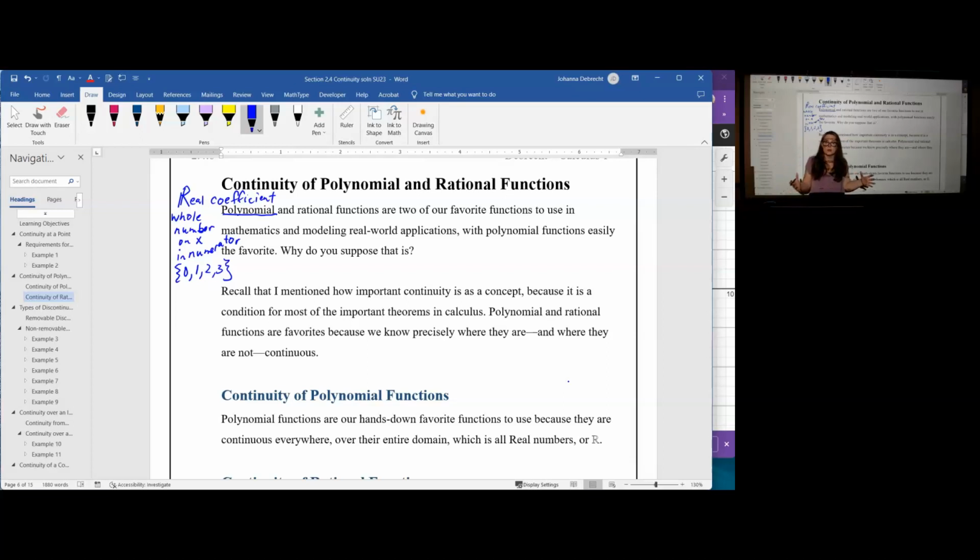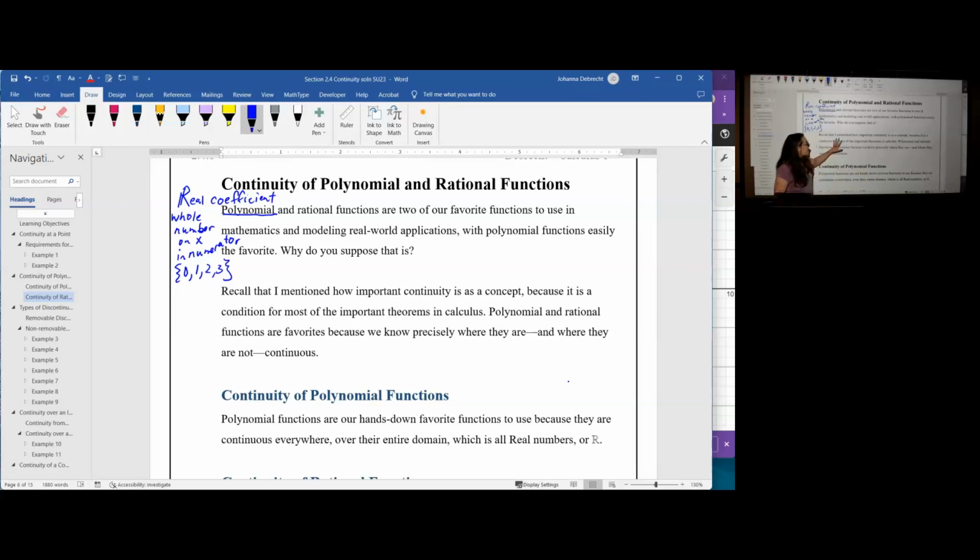Their domain is all real numbers, and you can draw them without picking up your pencil over the entire graph. They're our favorite for that reason. And as we're going to learn later on, they're also differentiable everywhere. We can find the derivative everywhere, and they're integrable everywhere. We can find the integral everywhere. That's why they're our favorite.